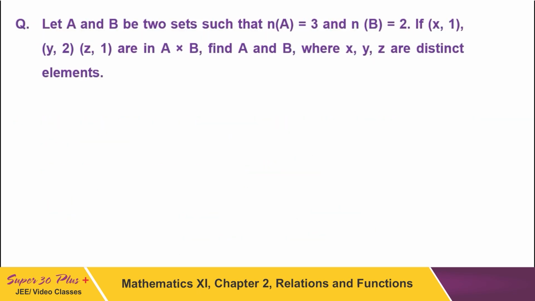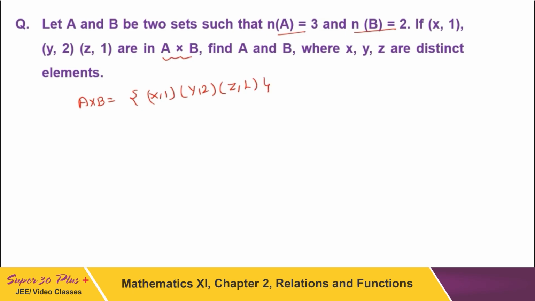Students, let's see an example here. Let A and B be two sets such that n(A) equals 3 and n(B) equals 2. And if (x, 1), (y, 2) and (z, 1) are in A cross B, then you have to find A and B. Means A cross B contains the elements (x, 1), (y, 2) and (z, 1).